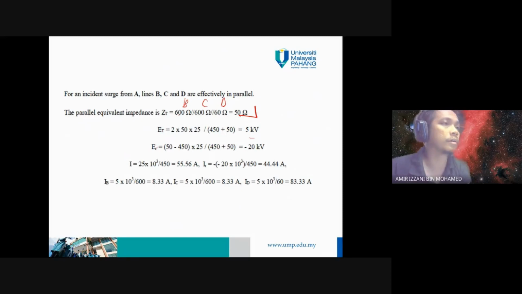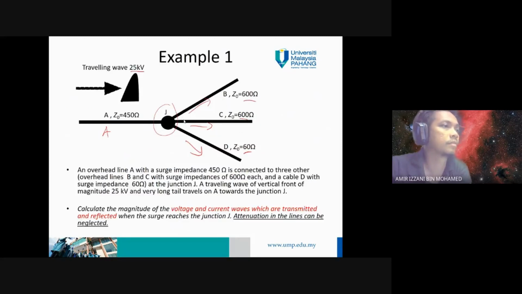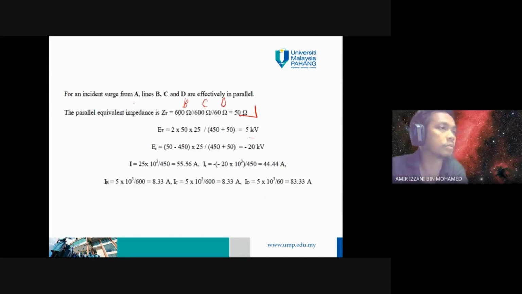And for reflected, E reflected equals 550 minus 450 times 25. So let's look back. The 450 is the impedance of this A, and the peak voltage is 25 kilovolt.